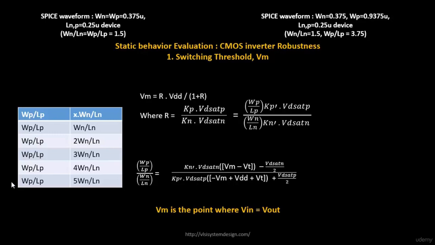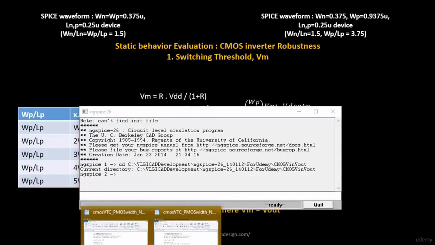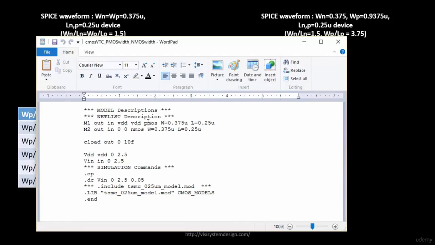Let's move on and look into the switching threshold value. So these are the switching thresholds for this inverter and for this inverter, and the values we just identified. In one case it was close to 1 volt, so it's 0.98, and in this case it was not exactly at the center, but it is about 1.2 volts. These are the areas in which your PMOS and NMOS both are in saturation region.